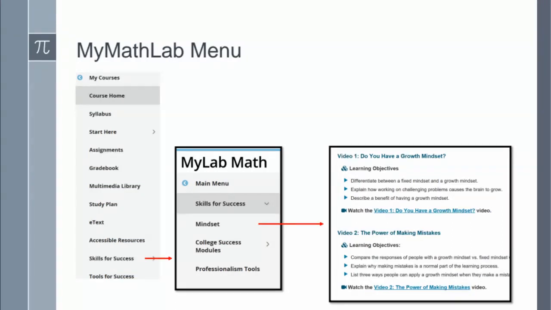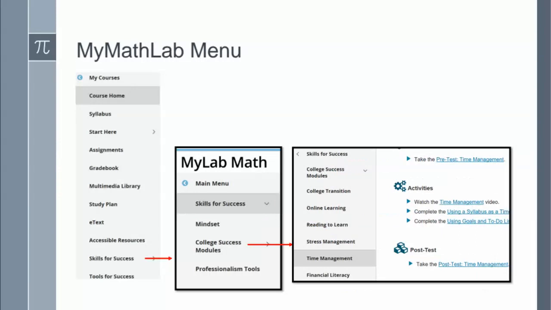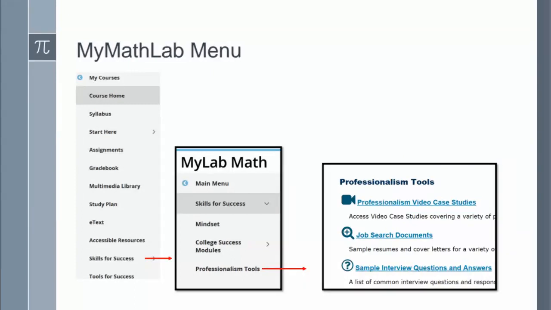Okay. All right. So again, skipping through, you also have some extra modules to help you succeed not only in this class but for college. There's a whole bunch of helpful information to help you entering your college courses.